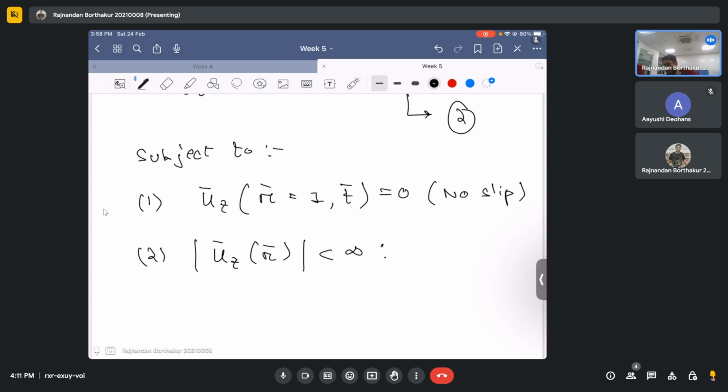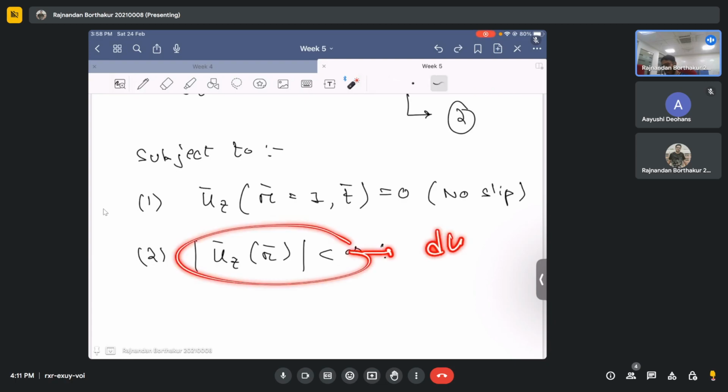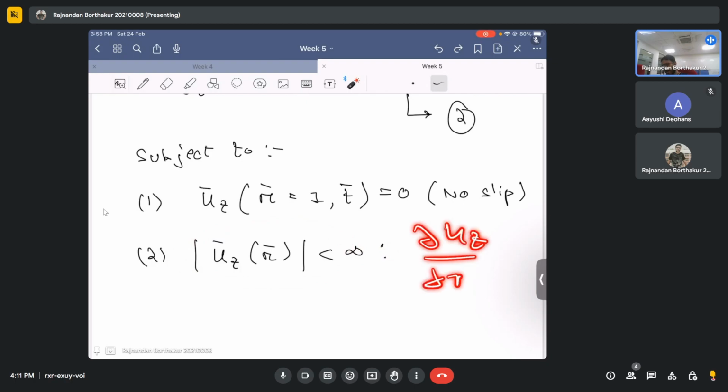So this condition is exactly similar to the fact that del uz by del r bar at r bar equal to 0 is equal to 0. Both are the same, and they are simply the finiteness or the boundedness criteria.